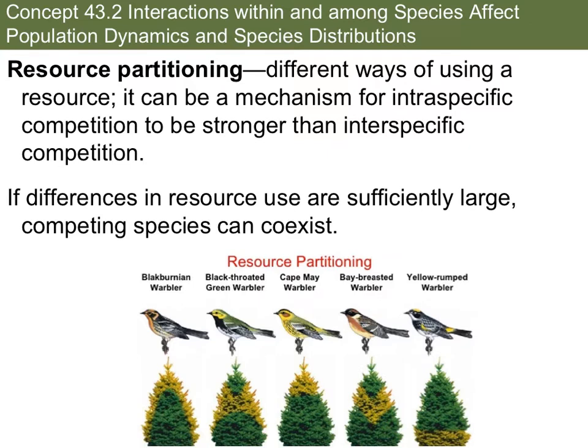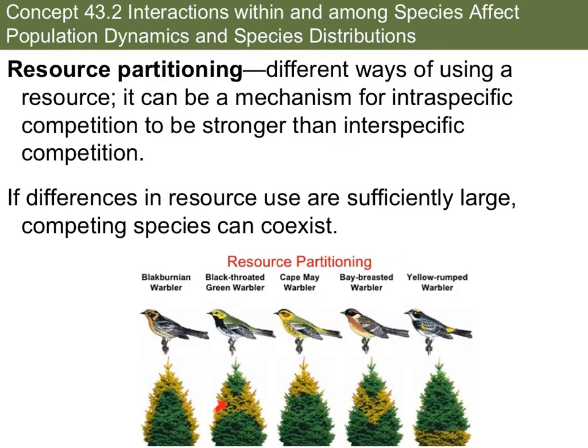So here is an example of resource partitioning between different types of birds. The area in yellow is the area in which these birds typically nest. Even though these birds go after the same species of trees, the reason they can share it is that this particular bird is typically found in the outer areas.